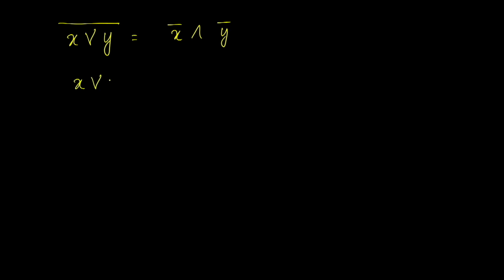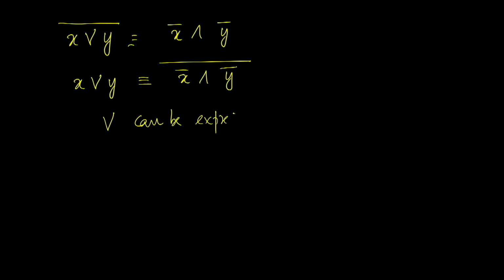Therefore, x or y is equivalent to the complement of x and the complement of y, the whole complement. Now, what this establishes is that or can be expressed in terms of and negation.